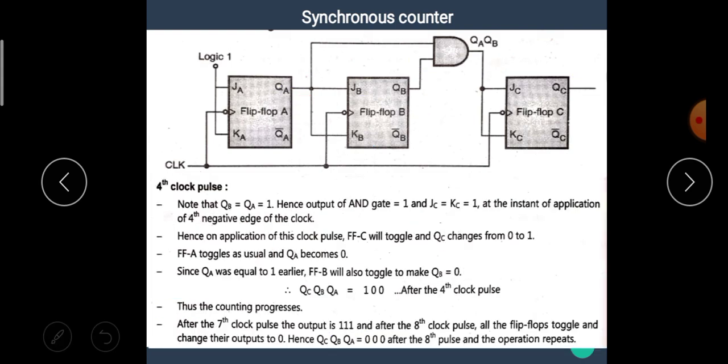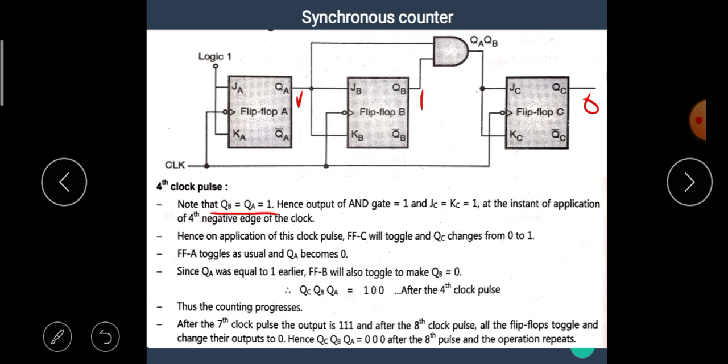Now when the fourth falling edge of the clock occurs, note that at that time we have the value 0 1 1, that is QB and QA are equal to 1.